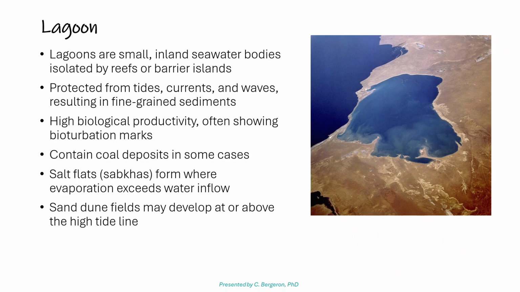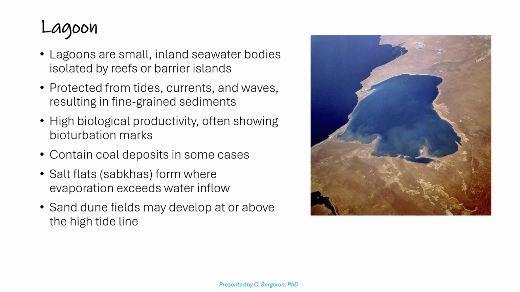Around lagoons you can have evaporation, like you can have an influx of water that gets evaporated, and you can create what are called salt flats or sabkhas. And you can also have sand dune fields that develop at or above the high tide line around lagoons. And another thing, lagoons and estuaries are bodies of water that still have fresh water.